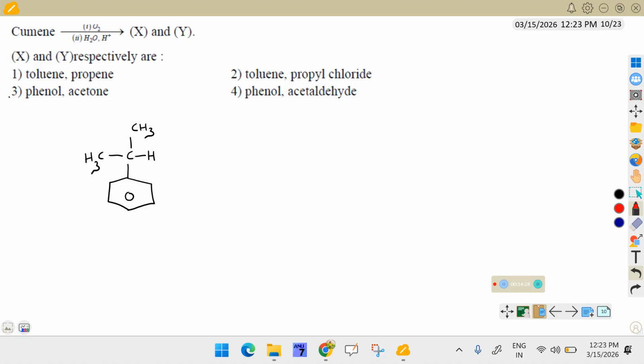The next question: cumene reacts with oxygen. If cumene reacts with oxygen, then it gives cumene peroxide.